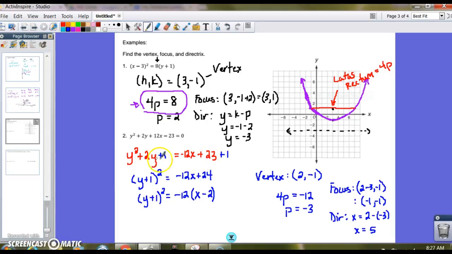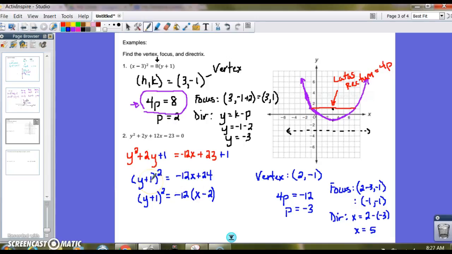I'm going to complete the square on y, so I take half of 2, which is 1, and square that, which is 1. Make sure you add that to both sides. When you rewrite the left-hand side, you get (y plus 1) squared, and on the right you have negative 12x plus 24. So we're putting this into standard form of a parabola.